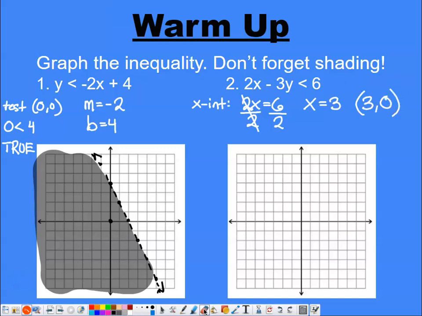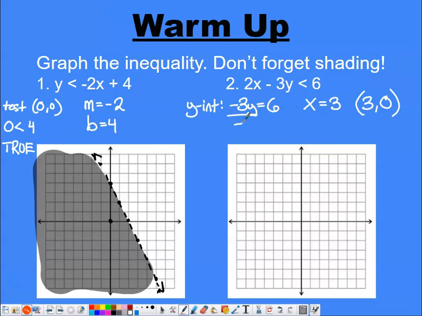So I'm going to go ahead and erase my work. And we're going to go ahead and do the same thing, but for that y-intercept. So for that y-intercept, we're getting rid of this 2x, right? Because 2 times 0 is 0. And I'm left with that negative 3y equals 6. Okay?